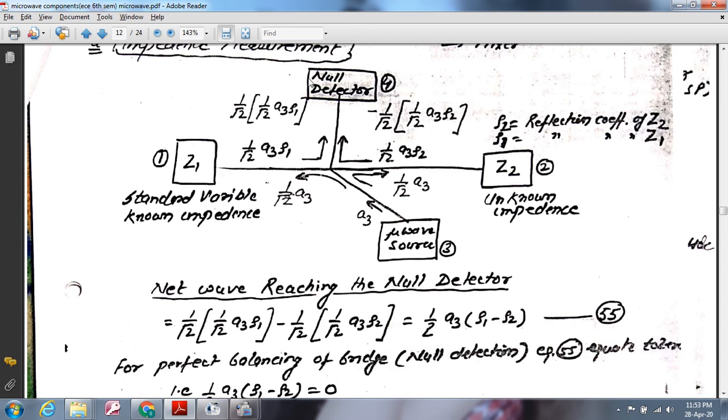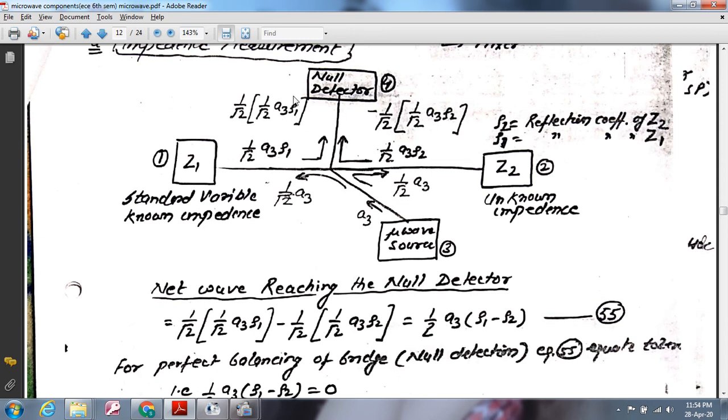Now this is the null detector, and we also know S of 1 4 is equal to minus S of 2 4. So this S of 1 4 will be equal to this, with a minus sign. Now if these two are equal, then the detector will read 0.